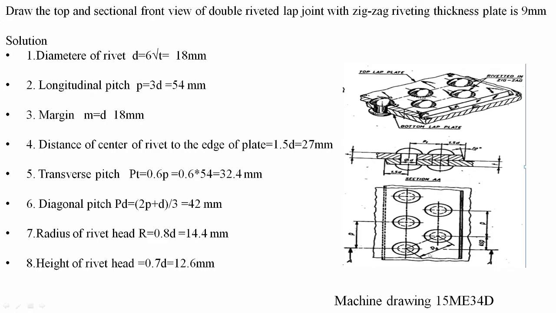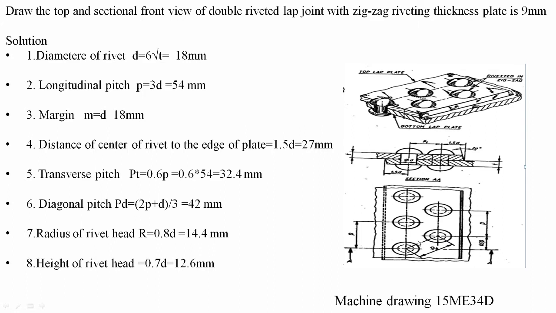So no need to measure this PD dimension every time. Automatically, if you maintain a gap of half of the pitch for the second line of rivet, you can see here the distance between the center of this rivet to the center of the second line rivet is 0.5 times the pitch.